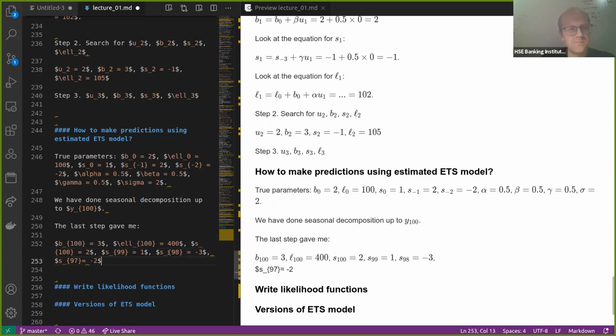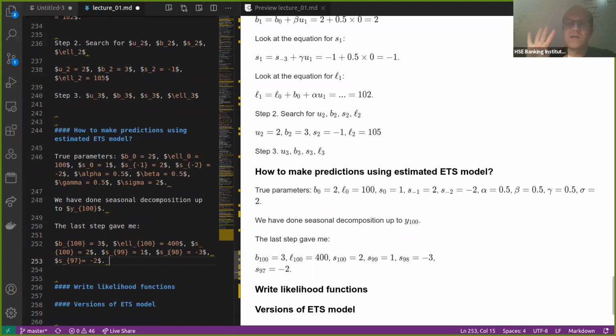Due to random noise, the sum of 4 seasonal effects is 0 only in the beginning, and later it may deviate a little bit from 0. It cannot be too far from 0.